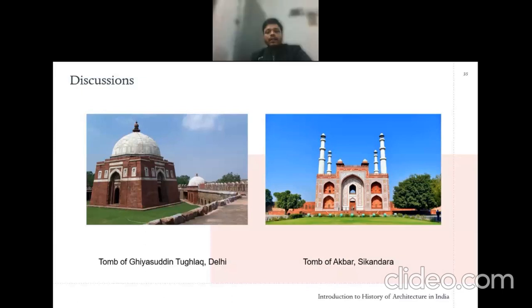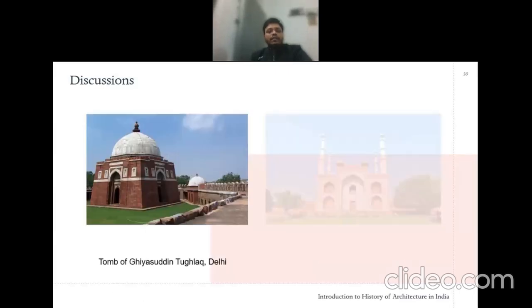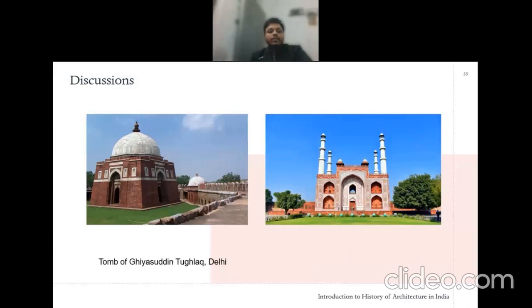So this is the tomb of Ali Adil Shah in Bijapur. And you can remember the tomb of Ghiyasuddin Tughlaq by its dome in white color, and in the tomb of Akbar, the minarets are in white color. Okay. So in this way you can identify and remember these.